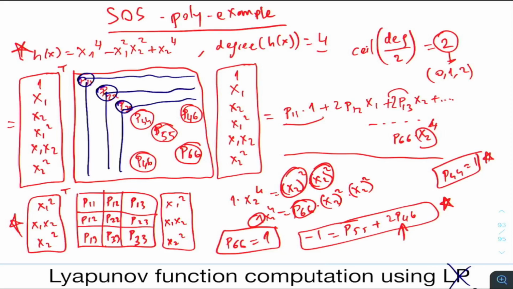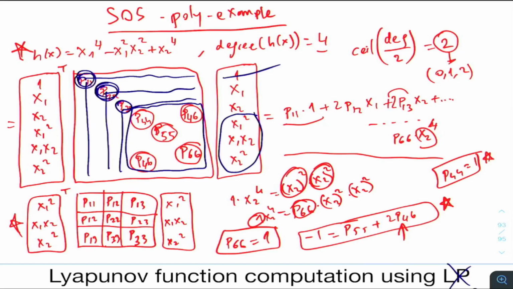So the smallest matrix we'll get is this. And the basis terms that correspond to that smaller matrix are these. For example, P11, or first entry 1: you just get rid of that entry, and entry 1 here is 1, right?